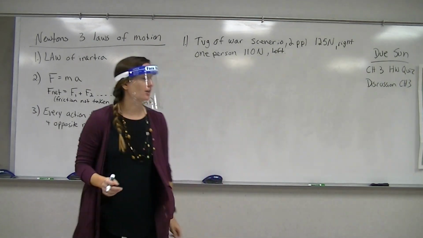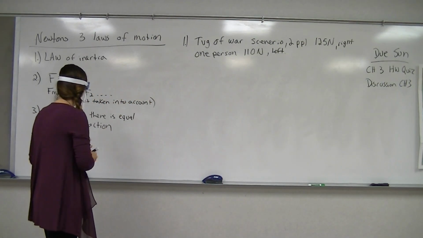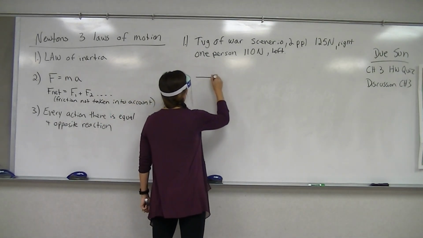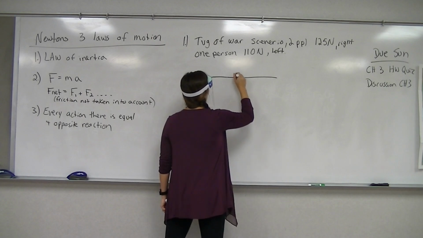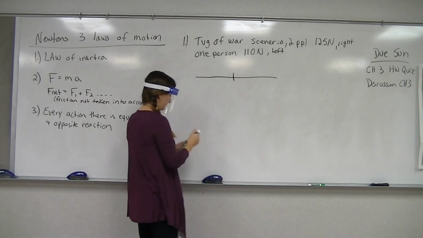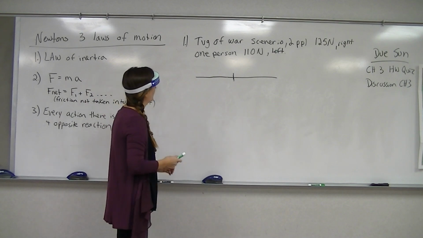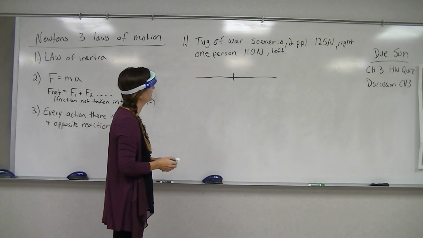So it might be easier to figure this out if we had a visual. Right? So let's draw. I'm going to have my tug of war. Here's my rope. Here's the middle of it. The point in which we figure out who wins, we have two people pulling it to the right.